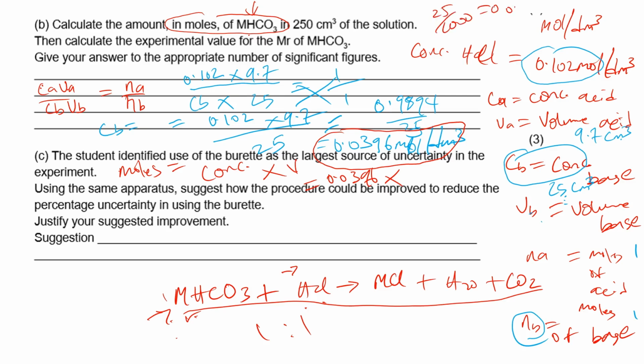That gives us 0.025 dm³. If you multiply 0.0396 times 0.025, that will give us 9.894 times 10 raised to the power minus 4. So that is the number of moles of MHCO3. I hope that makes sense.